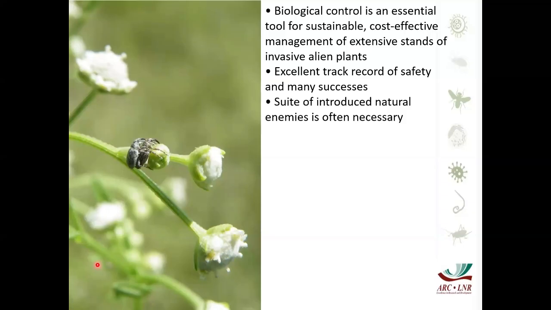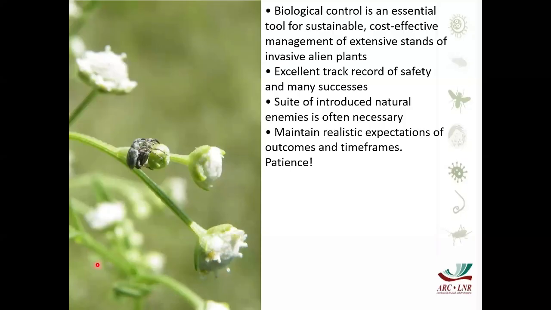Sometimes a suite of introduced natural enemies is often necessary. It's not often that you'll get a single biocontrol agent being able to bring it under sufficient control. In some cases, in some of the water weeds or some of the cacti, this is the case, but not in all target weeds.